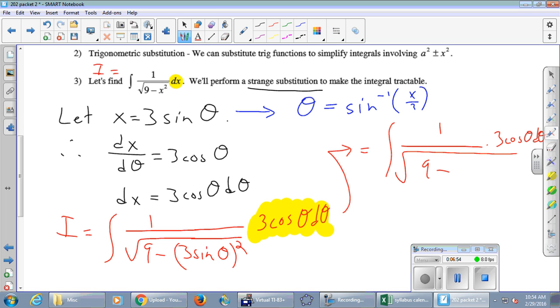9 minus, okay, so 3 sine of theta squared turns into 9 sine squared, right? And just a reminder, if that notation is not super familiar to you, when we say sine squared, it's just an abbreviation for sine of theta, the whole thing squared. Okay, what can we factor out in the radical? 9 comes out of both of those, so let's do that.